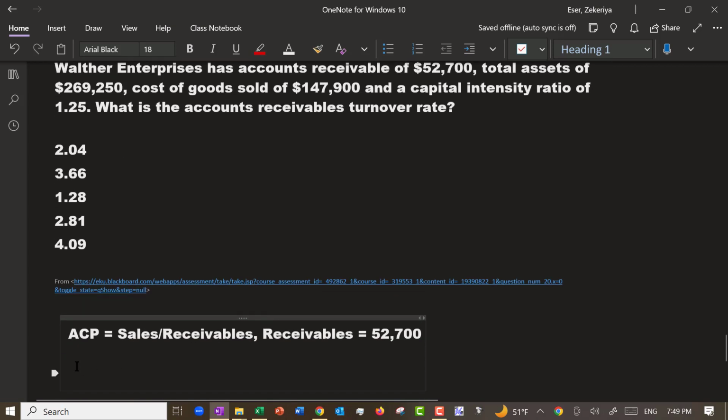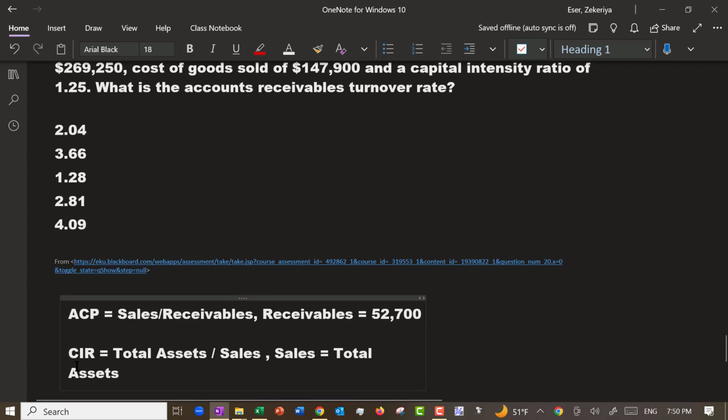Let's write down the definition of capital intensity ratio. That's total assets over sales, or sales equals total assets divided by capital intensity ratio.